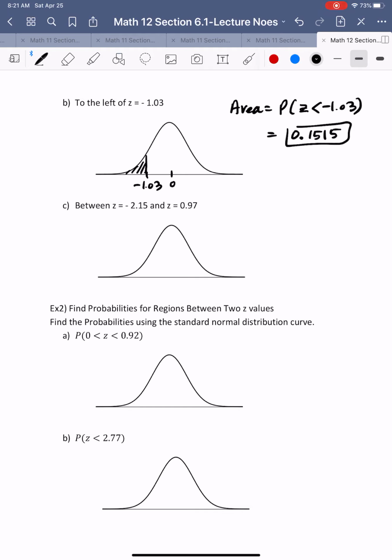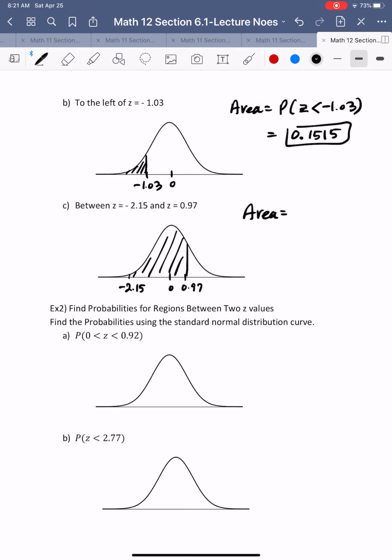Between z equal to negative 2.15 and z equal to 0.97. So there's a 0 here, negative 2.15, and about 0.97. So you're looking for the area between these. We already kind of did this.